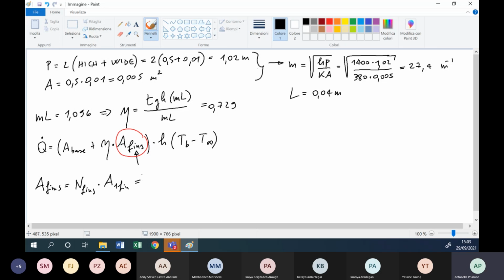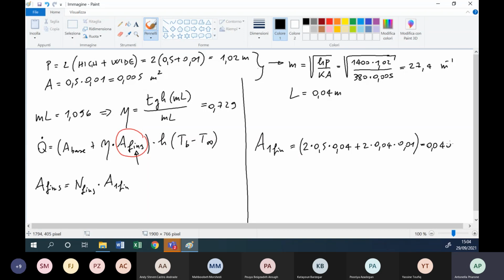The area of one fin, another intermediate step, is equal to 2 by 0.5 by 0.04, plus 2 multiplied by 0.04 by 0.01, and I obtain 0.0408 square meter.